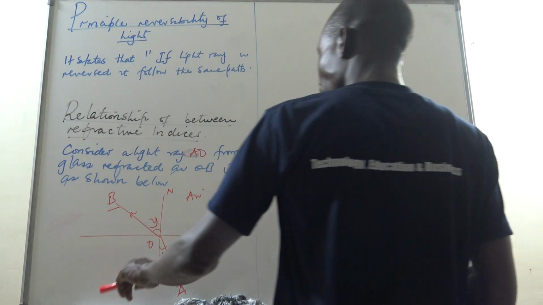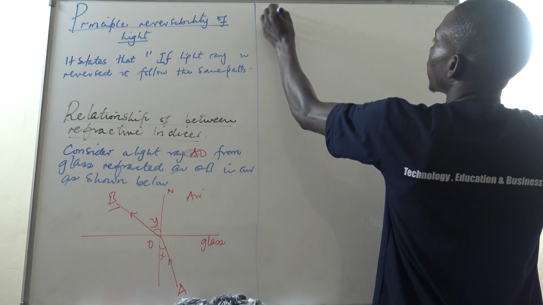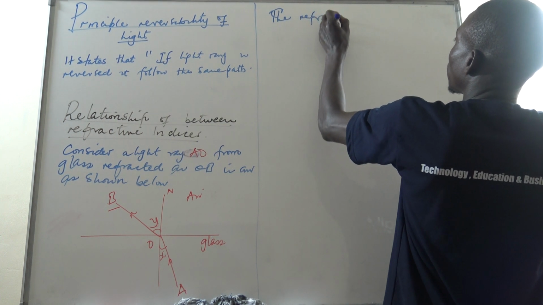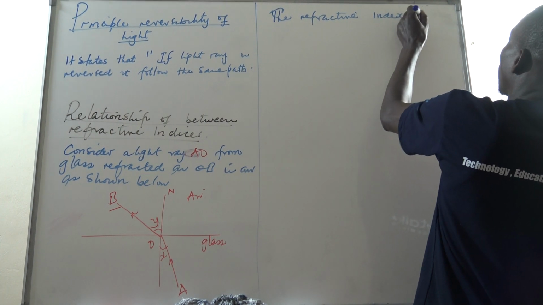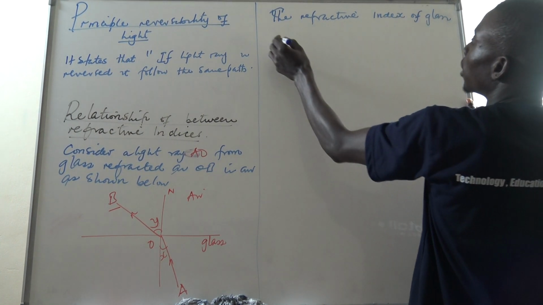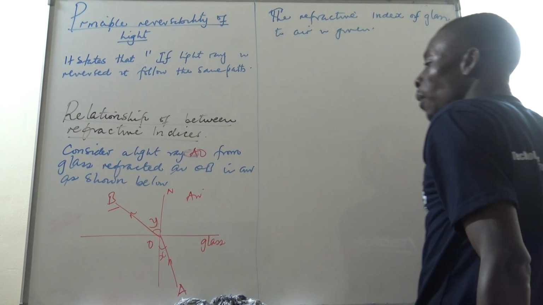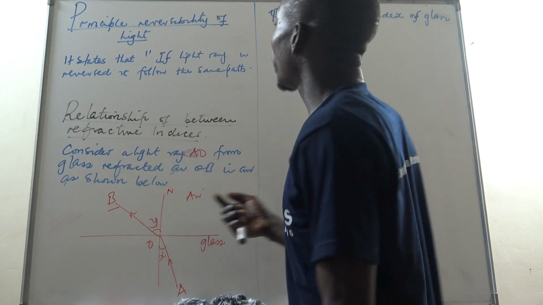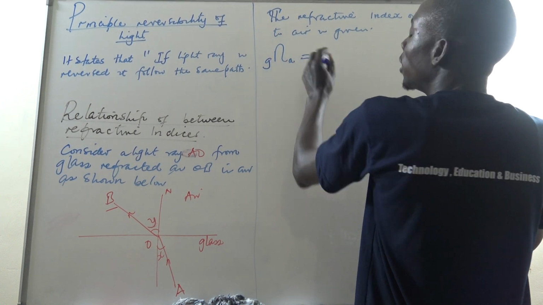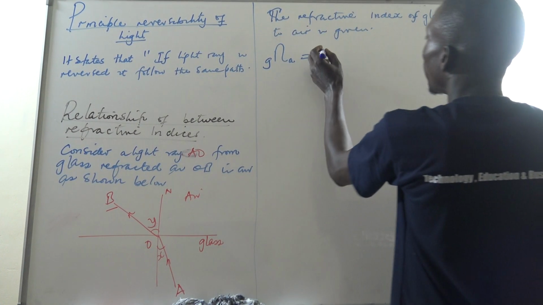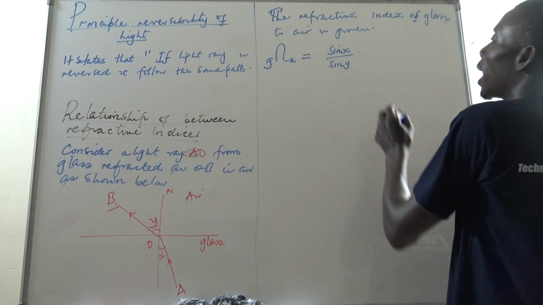So we can now say the refractive index of glass to air is given by, now that light ray is moving from glass to air, the refractive index of glass with respect to air is equivalent to the sine of the angle in air over the sine of the angle in glass.